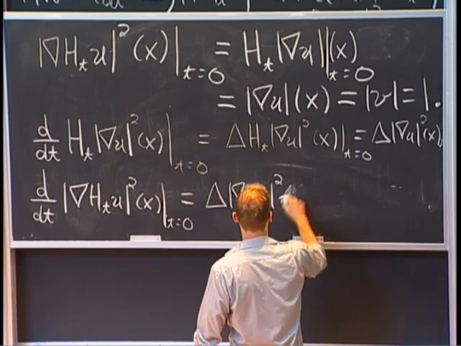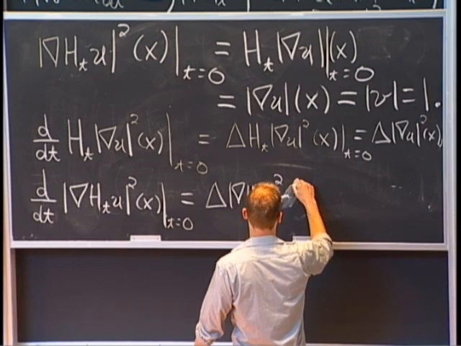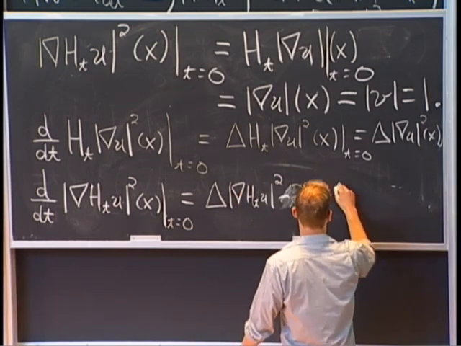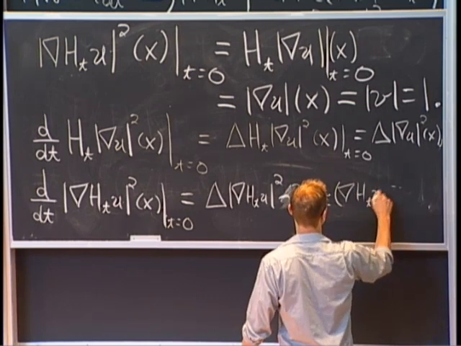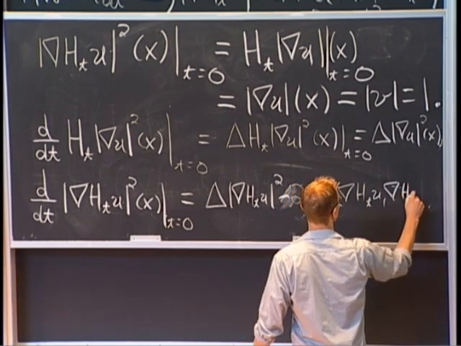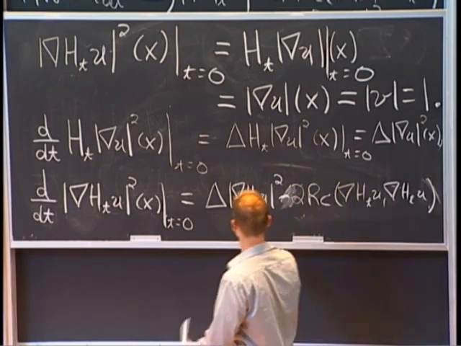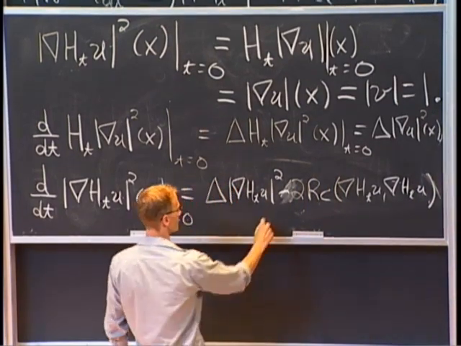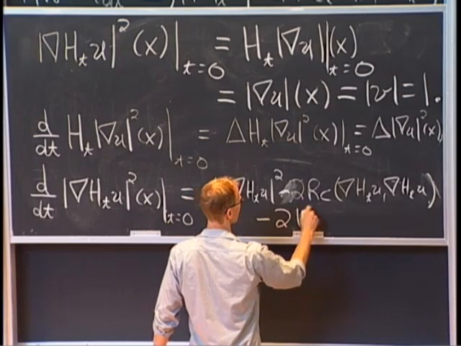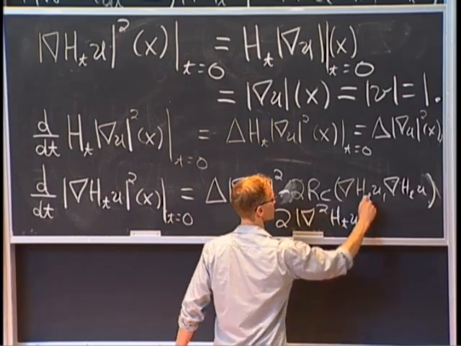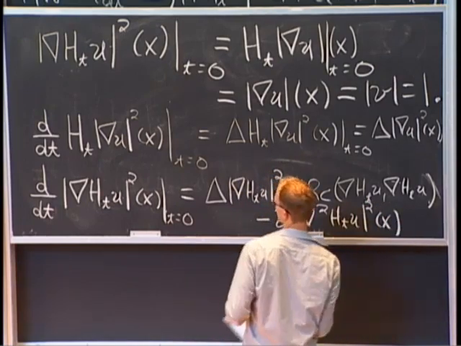Now it's a minus sign. Minus 2 times the Ricci of the gradient of h sub t u, gradient of h sub t u, minus 2 times the Hessian of h sub t u squared at x.